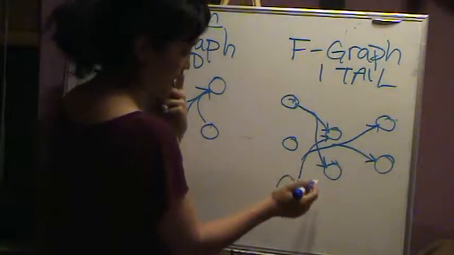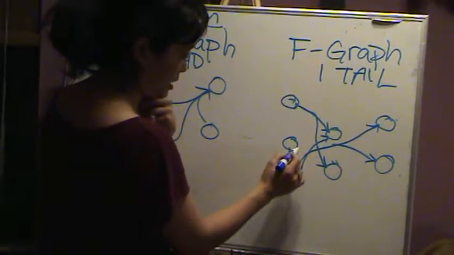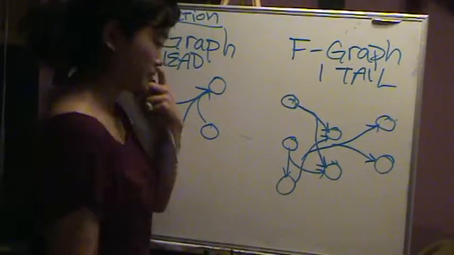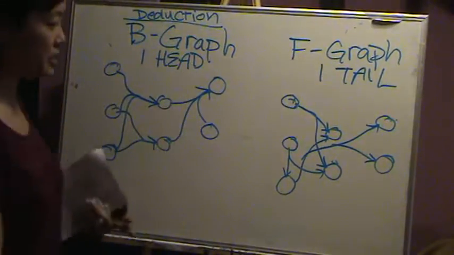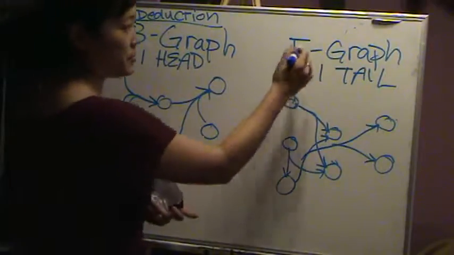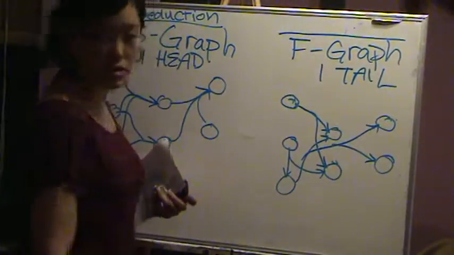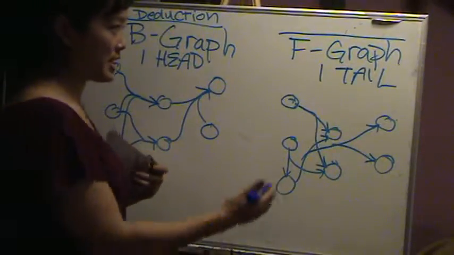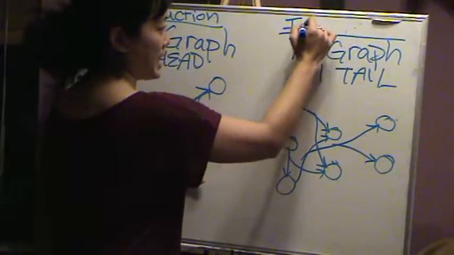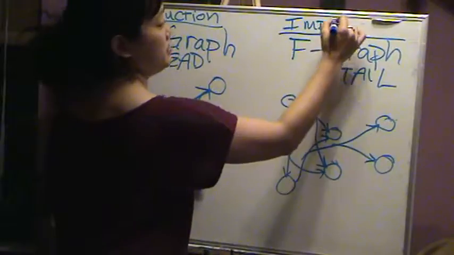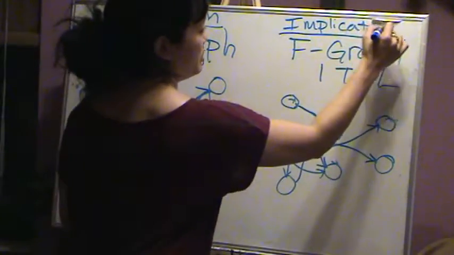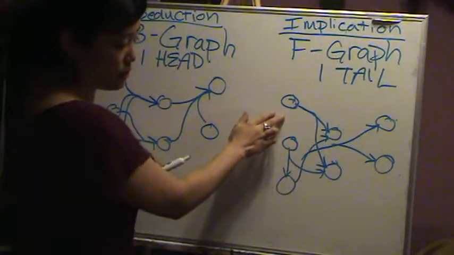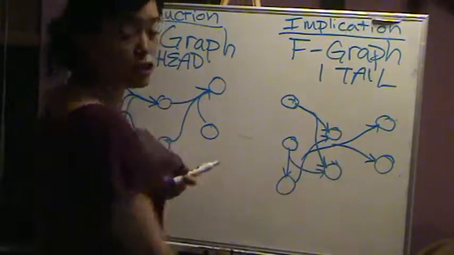This as the tail, we'll say, goes to those 2 nodes. This type of graph, the F graph, is good for representations of implication, because we're saying that this node implies these 2 nodes.